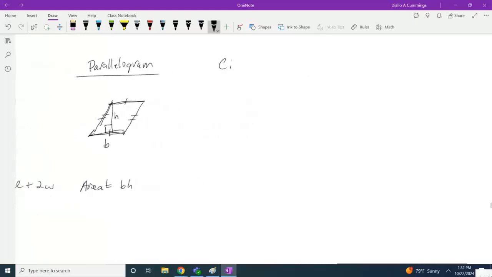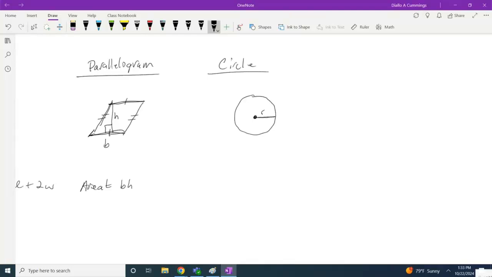And then we have a circle. In a circle, we have the center of the circle, right? We also have what's called the radius, and the radius extends from the center of the circle to the outer rim of the circle. That's called R. Now, there's no such thing as the perimeter of a circle.